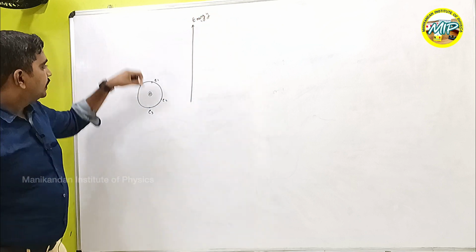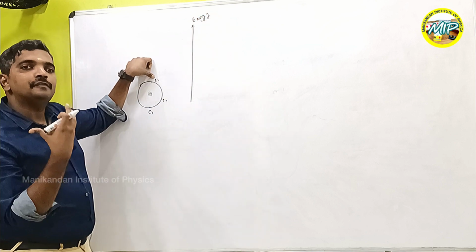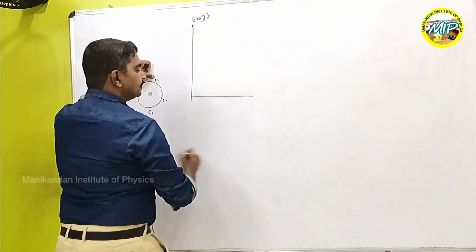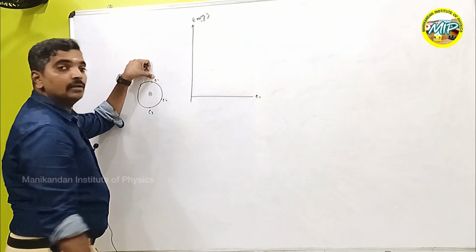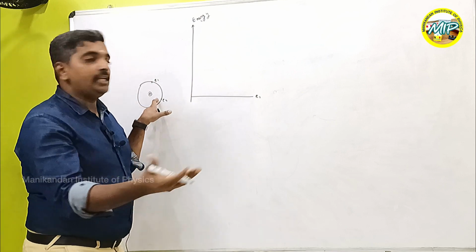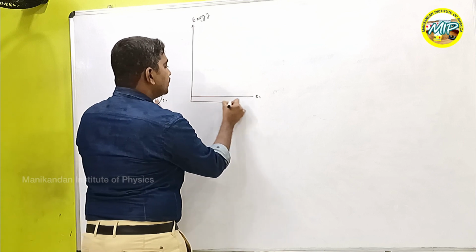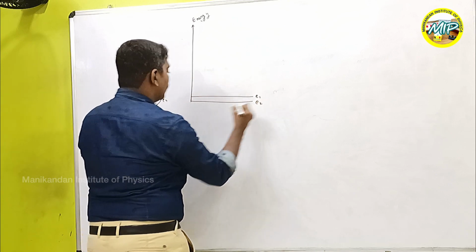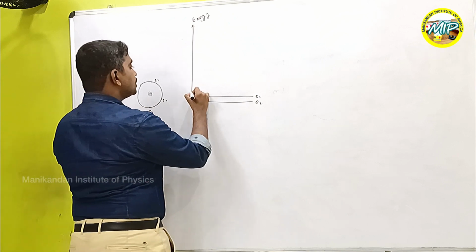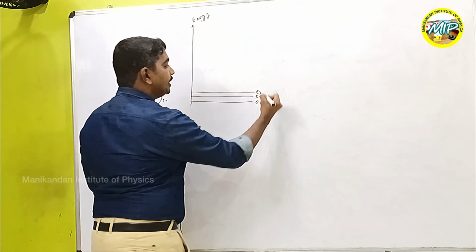First, the energy of the first electron is some value. This is the energy of the first electron. Electron 2 may have a different energy, so this is the energy of the second electron. Then I may have another electron 3, whose energy may be here, E3.